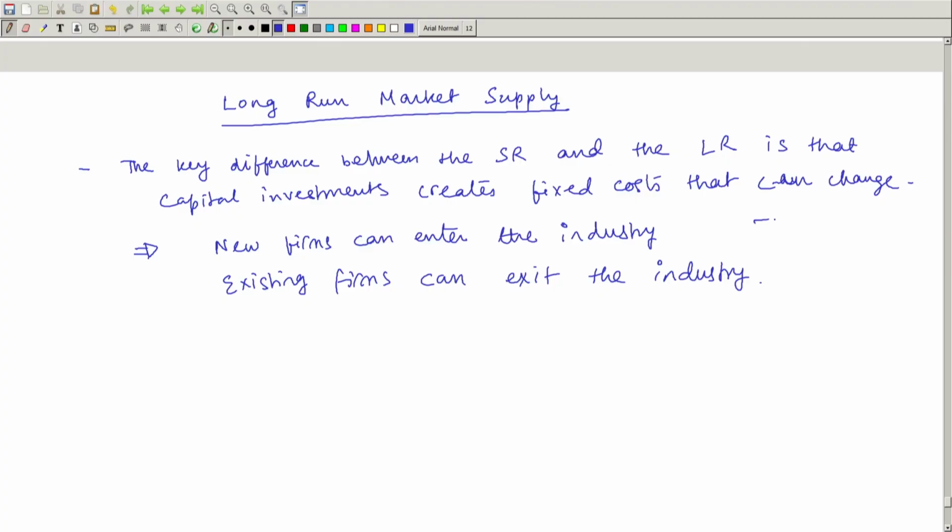Now, let us ask what will drive this decision, right. So, when will a new firm enter the industry and when will existing firms exit the industry? Well, that decision is going to be based on profit, right. So, if there are 300 firms in the industry which are making positive profit, a 301st firm which is outside this industry may want to enter this industry, right.